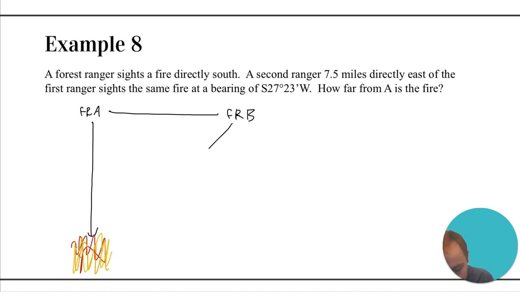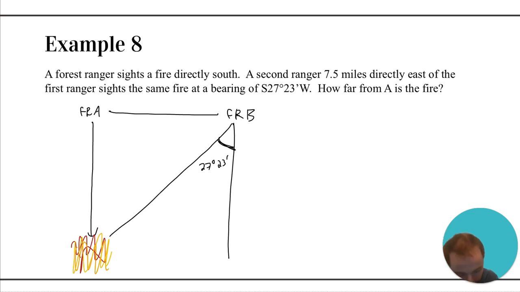So in this direction, they can see the fire, and that's at a bearing of south 27 degrees 23 minutes west. So that would mean that from south, if we pivot towards the west in this direction by an angle of 27 degrees 23 minutes, they would see the fire. So that would actually mean that this angle then directly is going to be 27 degrees 23 minutes in measure.